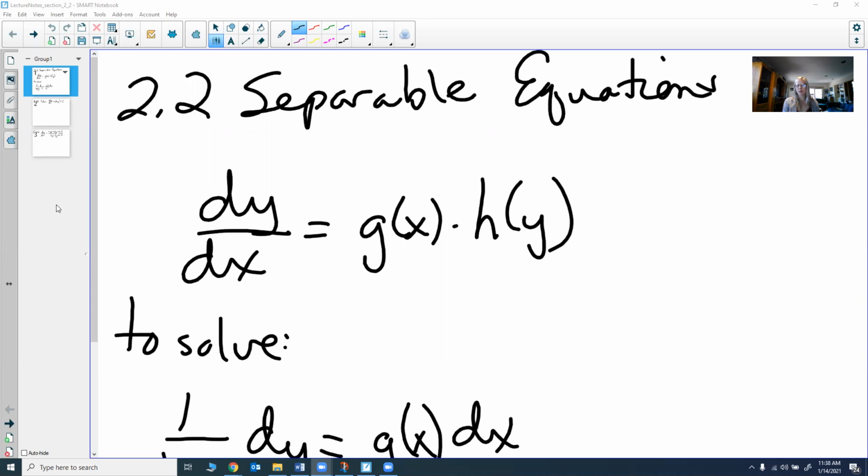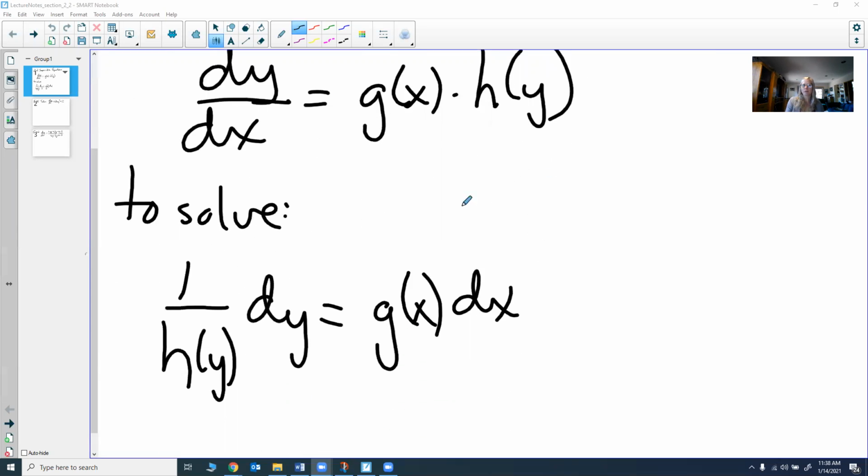Separable equations are where you have a first order differential equation, dy/dx, equal to some function of x times some function of y. Notice g of x is just of x, and h of y is just of y, so we can actually separate these. To solve these, we divide through by h of y, and multiply through by dx.